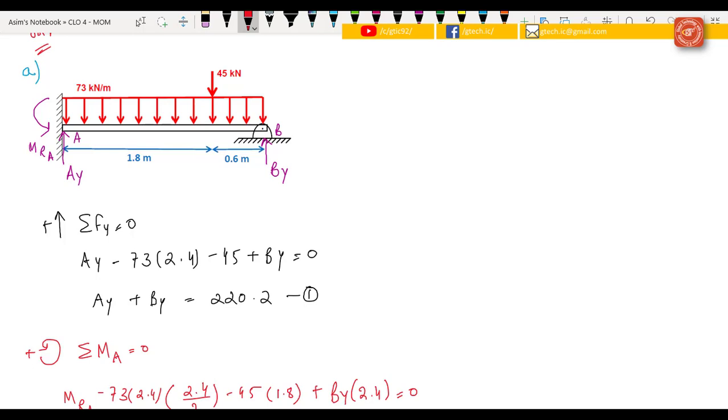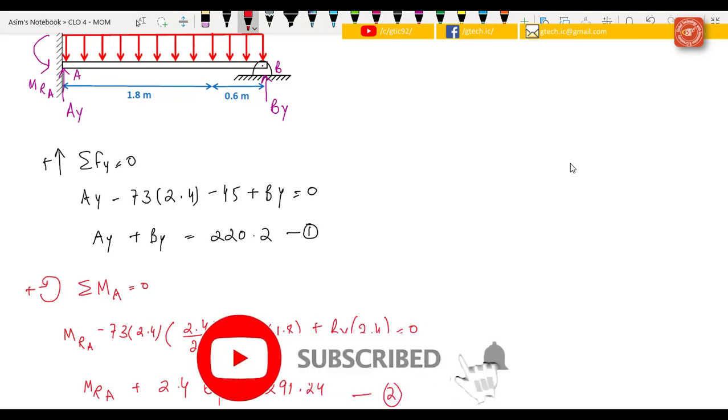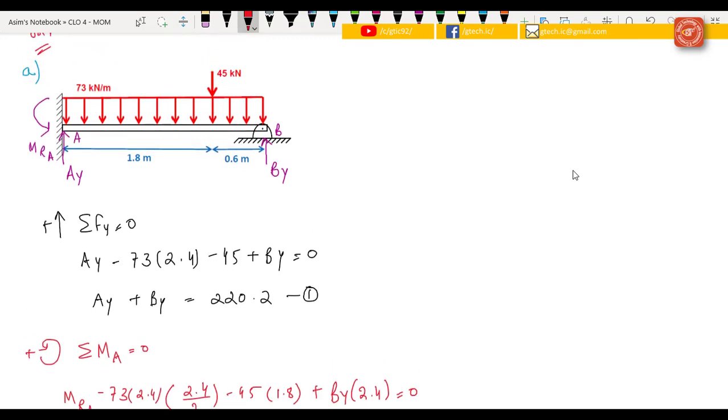And now for solving the moment at point A, we take the anti-clockwise moment as positive, and the summation of all the moments at point A would be 0 according to the equilibrium condition. Then the moment that is acting at the point shown here, that is A, Mra minus 73, the distributed load that is acting over there. So the magnitude of the load, that is 73 times 2.4, times the distance, that is 2.4 divided by 2, as this load is distributed over the whole length of the beam.